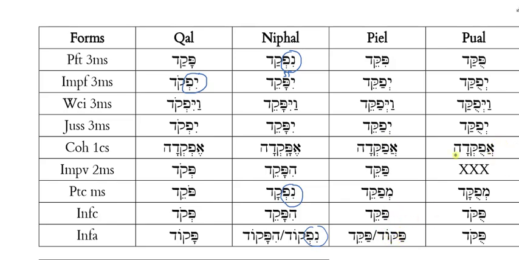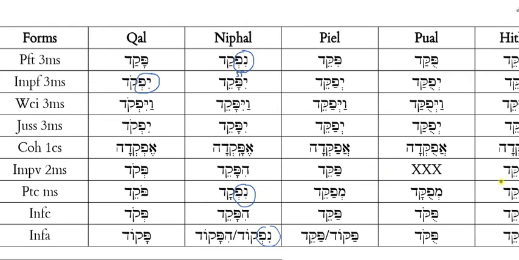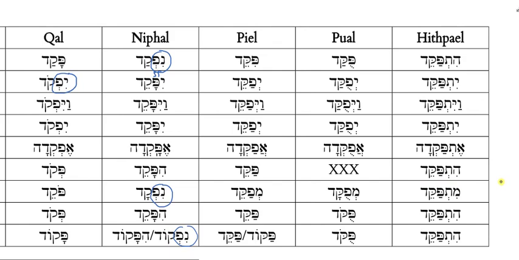And Pual is a mirror of the Piel, just the passive counterpart, same issue. If you look at the Hithpael real quickly, notice that throughout the Hithpael, root 1 is coming after a closed syllable, and root 1 is actually opening a syllable, not closing a syllable. So I'll never have this problem in the Hithpael either.